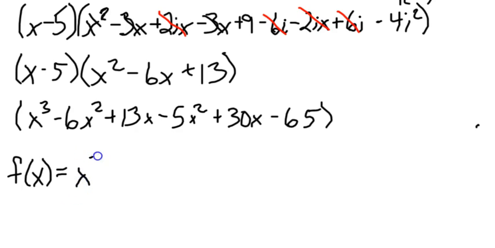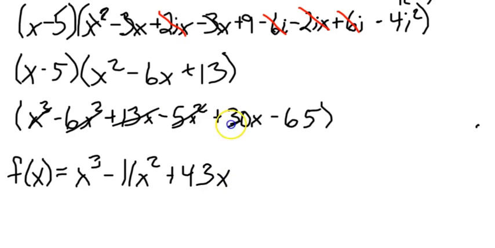So we have an x cubed, gets rid of that term. We have negative 6x squared minus 5x squared, negative 11x squared. Then 13x plus 30x is 43x, minus 65 at the end. So f of x equals x cubed minus 11x squared plus 43x minus 65.